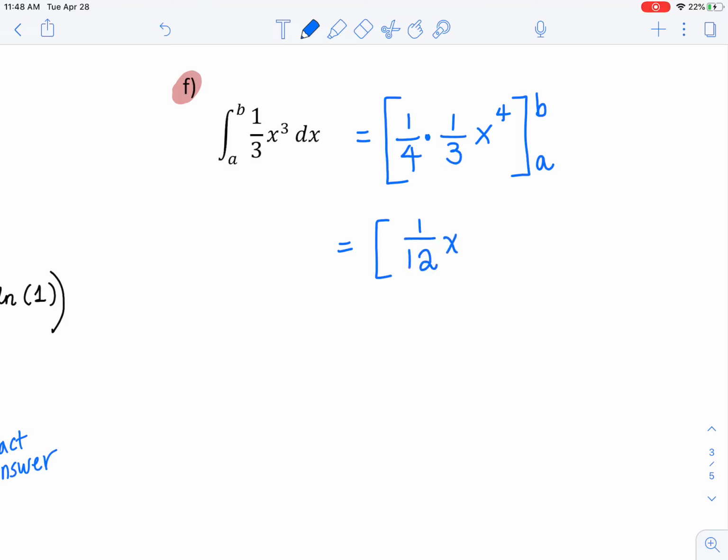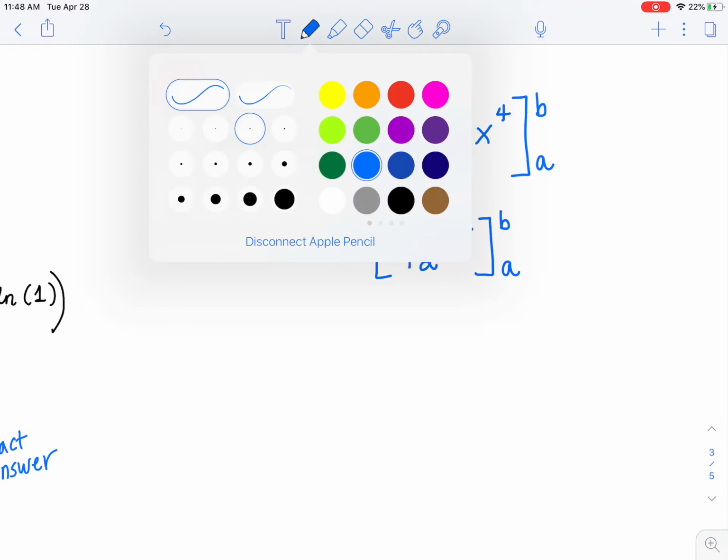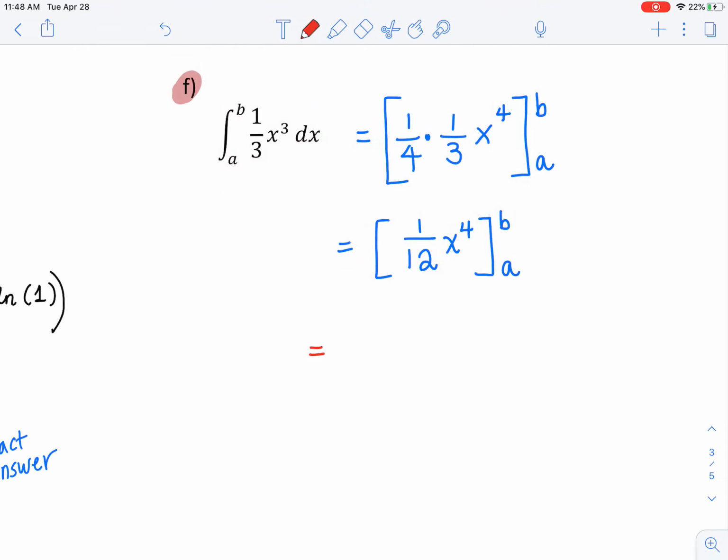If I simplify the inside part, I will get 1 over what? 12 x to the 4th, and then I will have b and a. Now we're ready to plug in a and b. So if I first plug in b into this, let me just go ahead and put this x cubed on top of this fraction, okay?